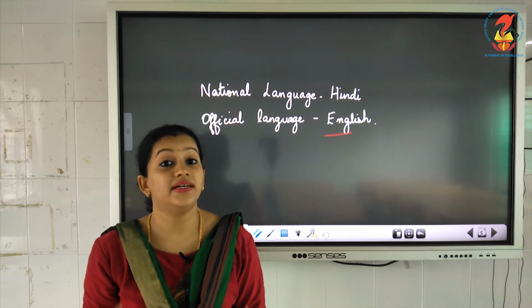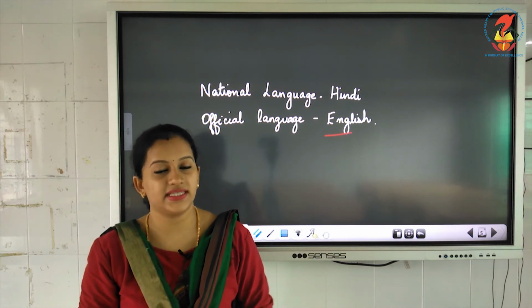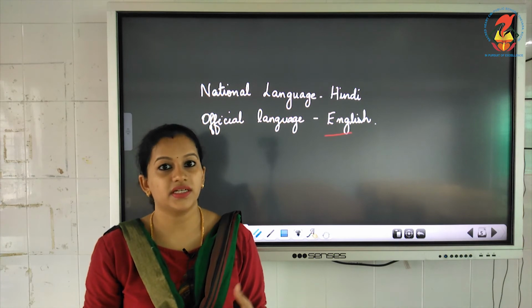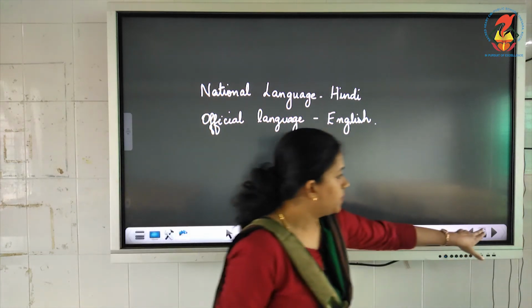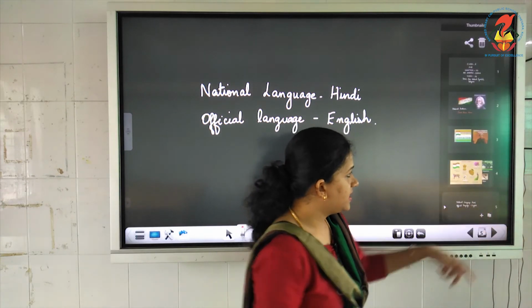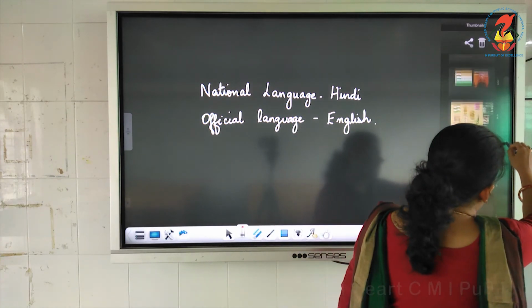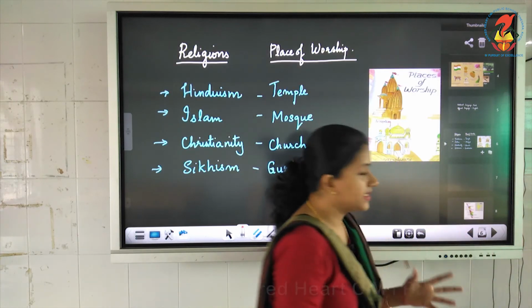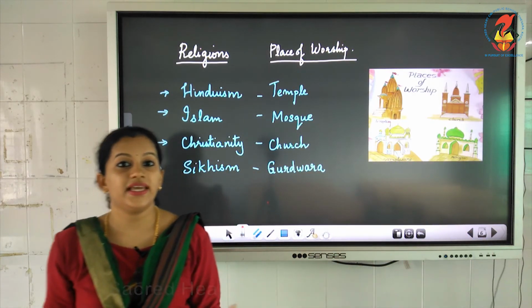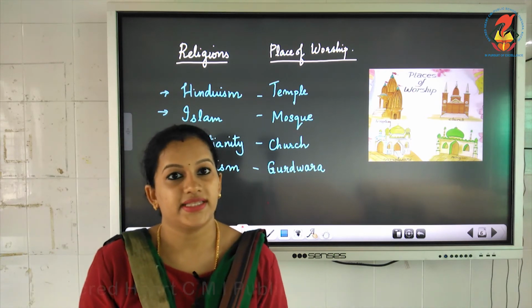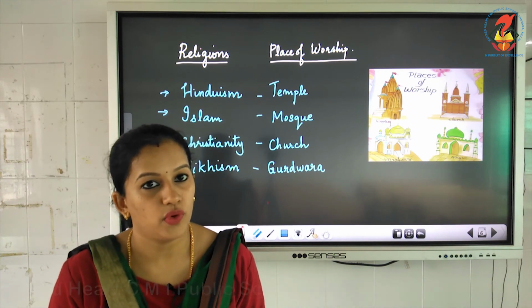Now let us learn about the religions in India. Which are the religions that are followed by Indians? You know that children, India is a diverse country, isn't it? There are many rituals or customs that are followed in India.